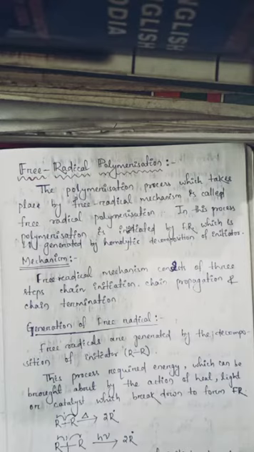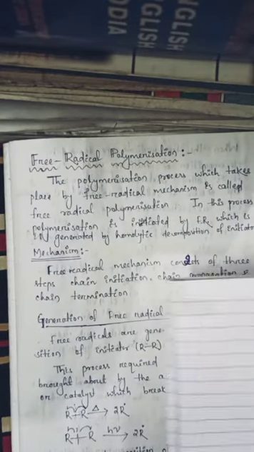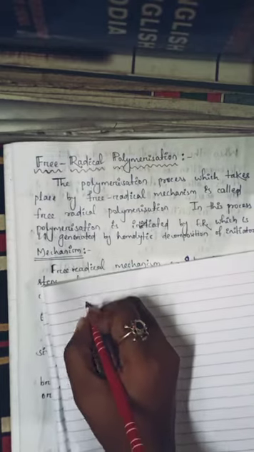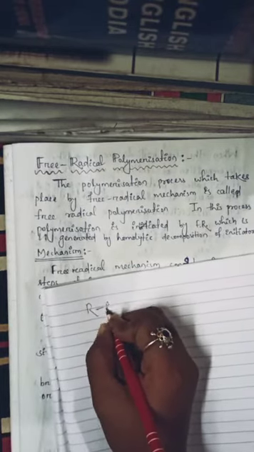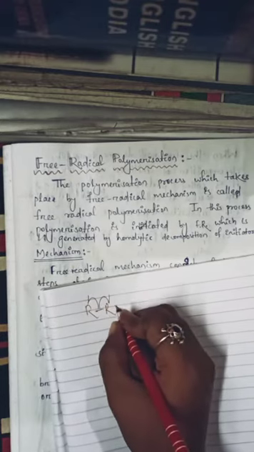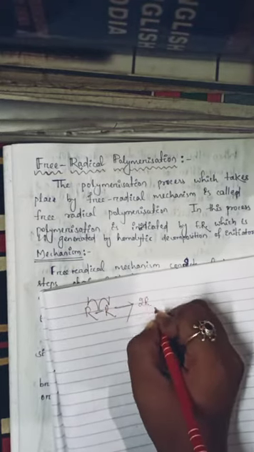We can form free radical. Then RR is the initiator. Then it decomposes homolytically. We get 2R radical.